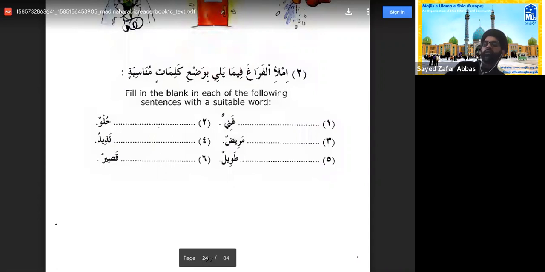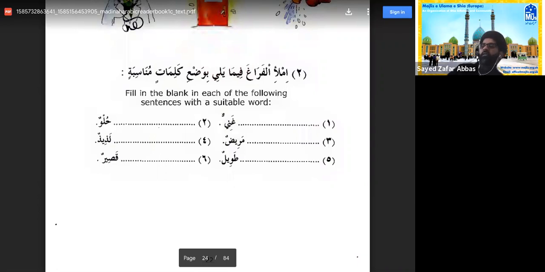So for example, we can say al-muhandisu ghani. The engineer is rich. And then we can say, for example, as-sukkaru hulu. The sugar is sweet. And then we can say about marid, for example, al-mudarrisu marid. The teacher is sick.